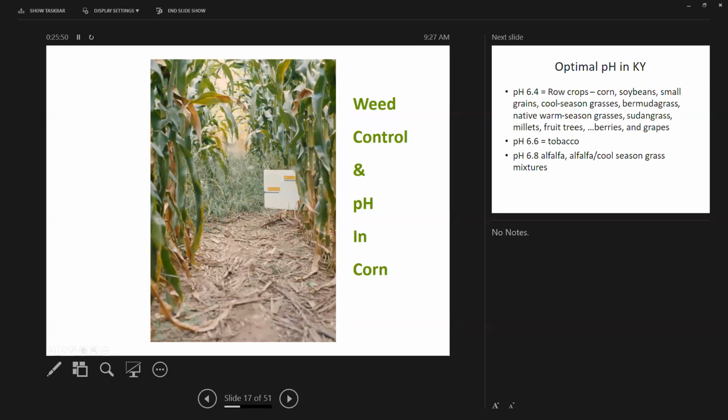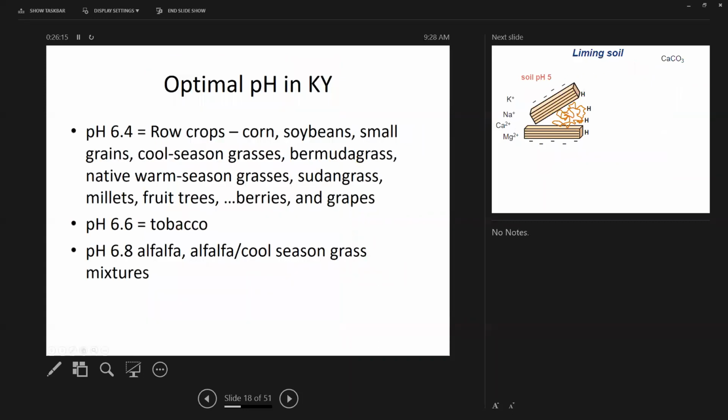They'd lime these plots for 10 or 15 years, but they weren't liming the alleys between the plots. Same amount of atrazine was going down. However, the pH in these alleys was lower, just pitiful atrazine activity, not good weed control, simply due to the pH.